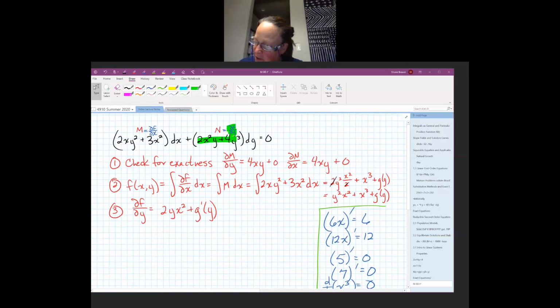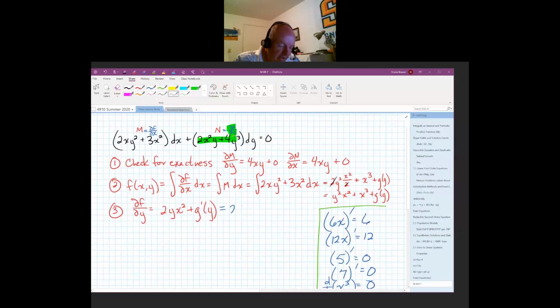Now, earlier when we established that m equals the partial derivative of f with respect to x, and n equals the partial derivative of f with respect to y, we just found that to be 2y squared plus g prime of y, and it also equals 2x squared y plus 4y cubed. So we can set those equal to each other.